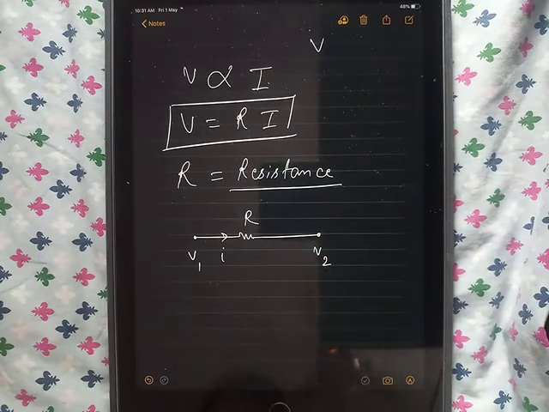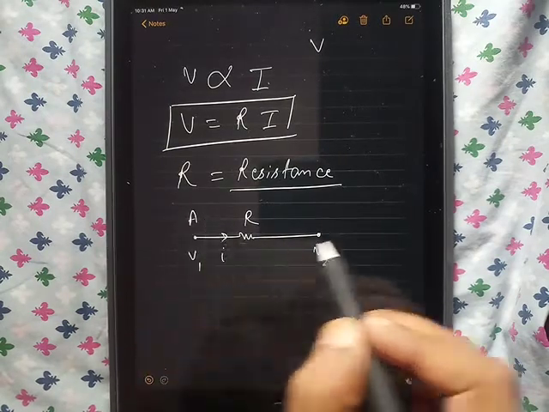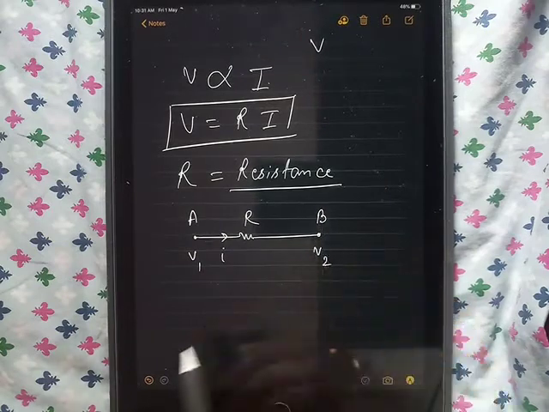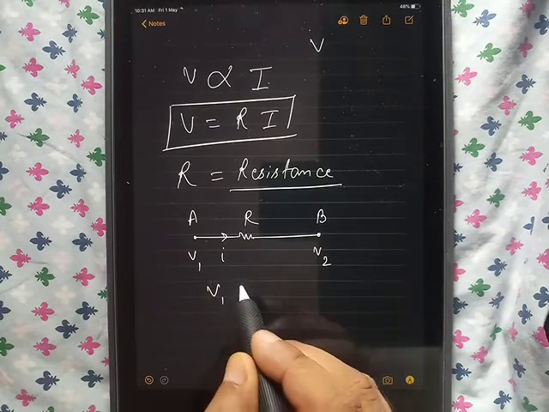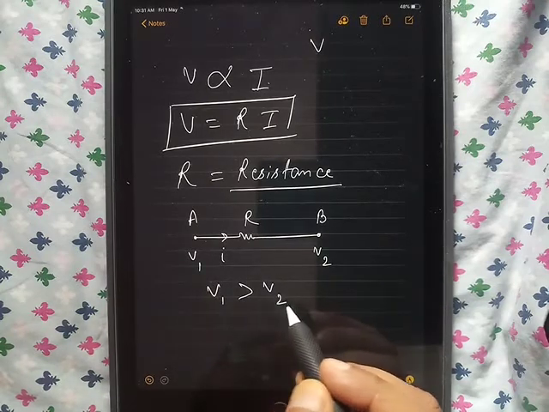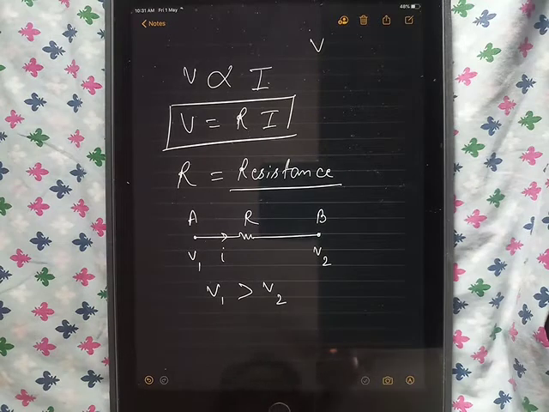Since the current is flowing from point A to point B, which one will be at higher potential? Obviously V1 will be at higher potential and V2 will be at lower potential. Current flow is just like the flow of water from high potential to low potential. Current will always flow from high potential to low potential.